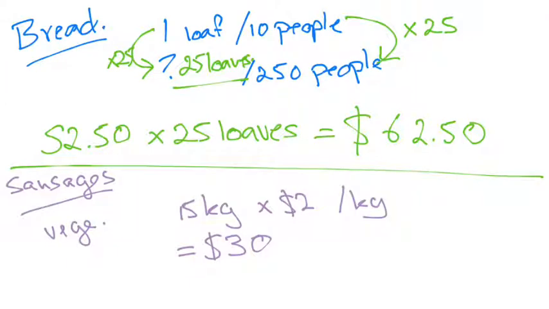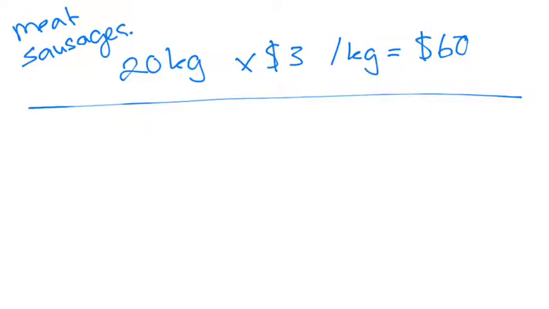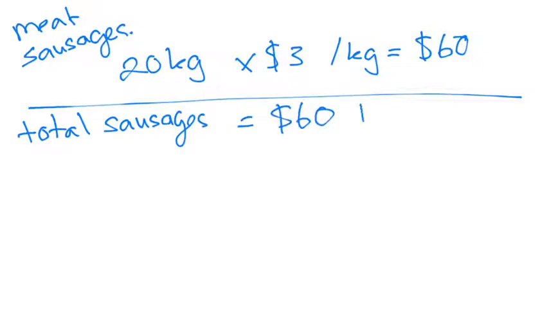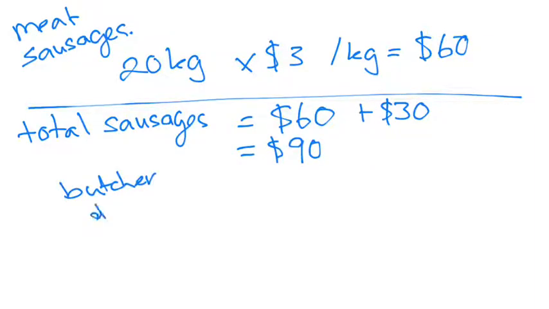Okay, so let's combine the sausages together. So vegetarian, we've got $30, and meat sausages is $60. So let's do the total for sausages. That's our $60 plus our $30, our meat plus our vegetarian, which is $90. And then the butcher will discount that by 15%.